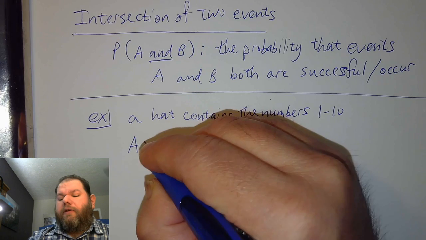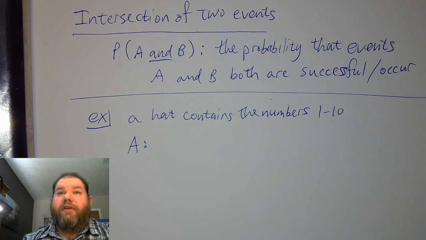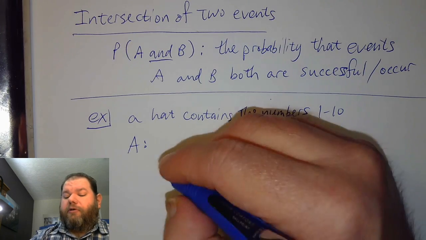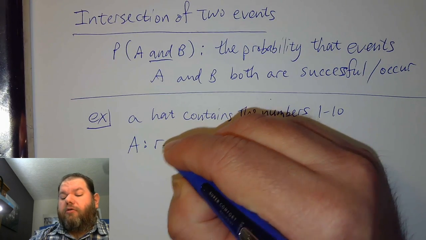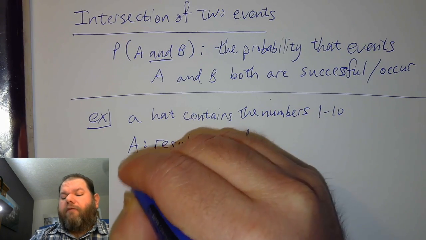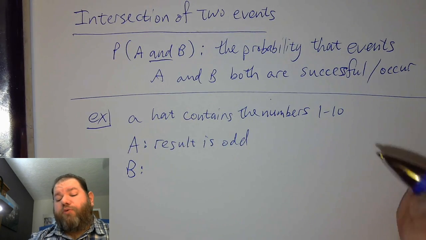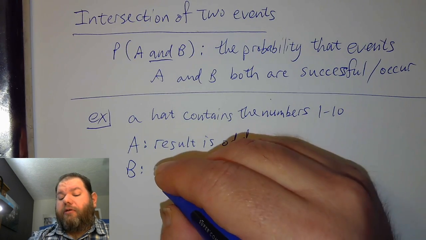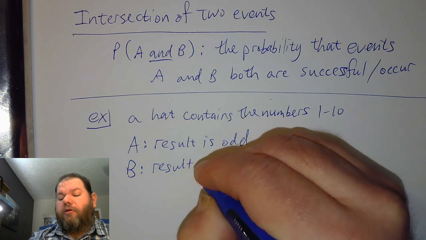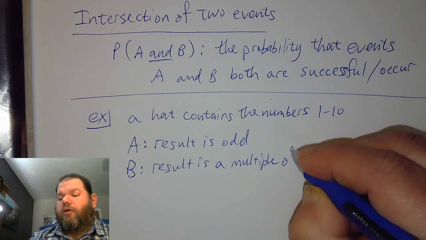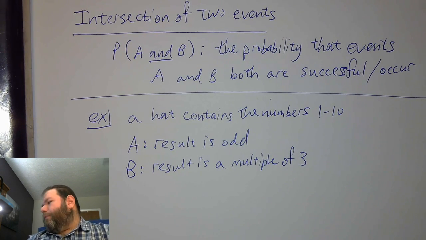Event A is the set of outcomes where we select one of these numbers at random and the result is an odd number. And event B, we select one of these numbers at random and the result is a multiple of 3.